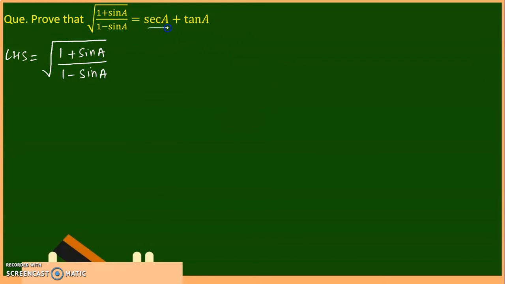here on the right hand side we have sec and tan. It means we have to convert the sine into the form of sec and tan. And first of all we have to remove this square root.